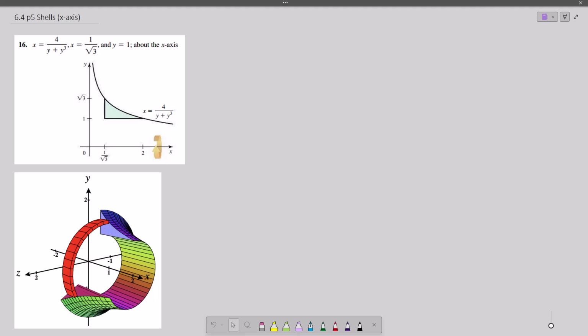So it's not technically a cross-section in the traditional sense. So let's take a look at this region. Regions are spaces in the xy plane. And then that region in the xy plane is going to get rotated about the x-axis, and it's going to create this shape down here, that solid object.